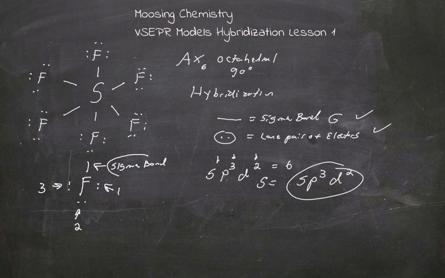So again, we have 1 sigma bond, pair 1, pair 2, pair 3, right? So S has 1, P can hold up to 3. So the hybridized orbital would be sp3, and that's what F would be equal to for its hybridized orbital.